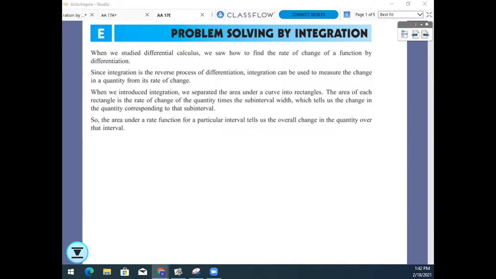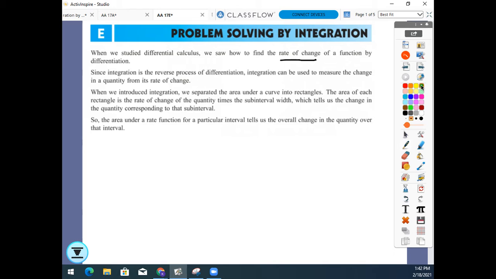Okay, so you don't need to write all this down, but I want to go through it, and I just wrote something basic that I'll do with you in a minute here. When we studied differential calculus, so finding derivatives, we saw how to find the rate of change of a function by differentiation. When we take the derivative of y, we get dy/dx.